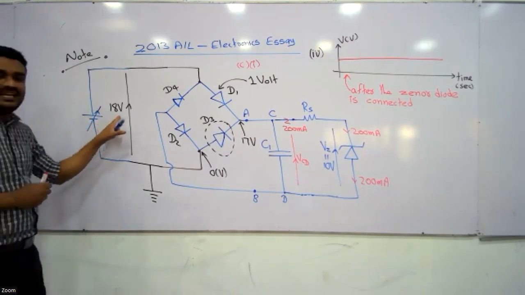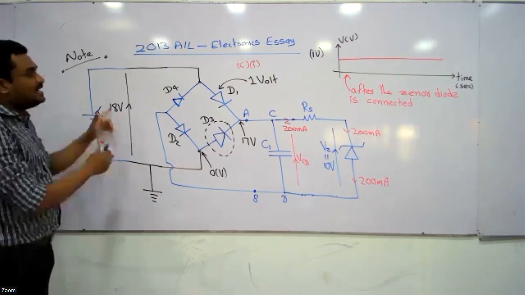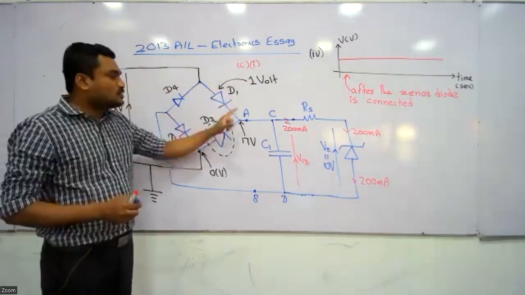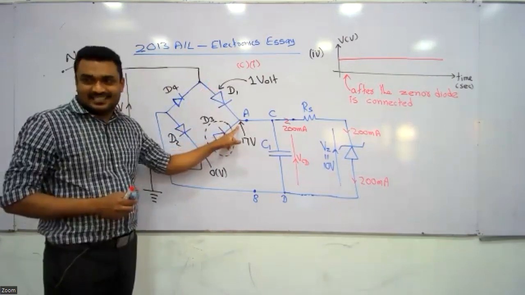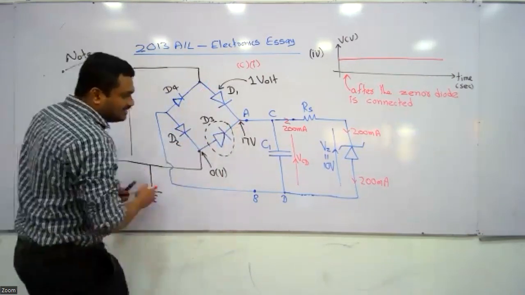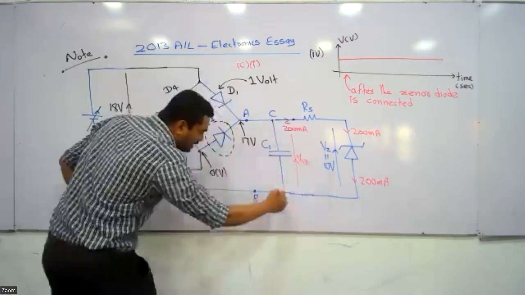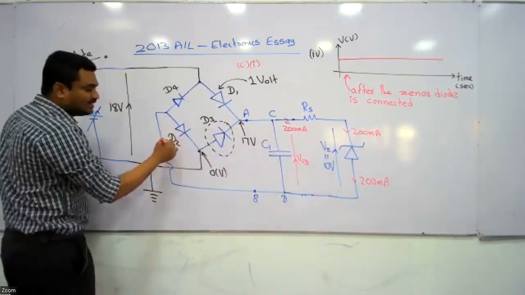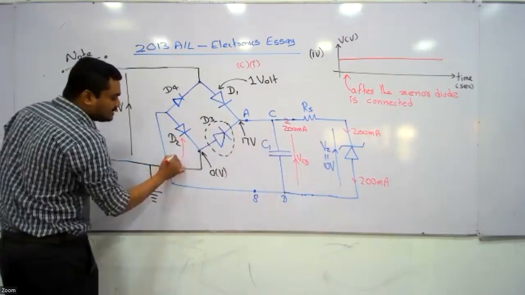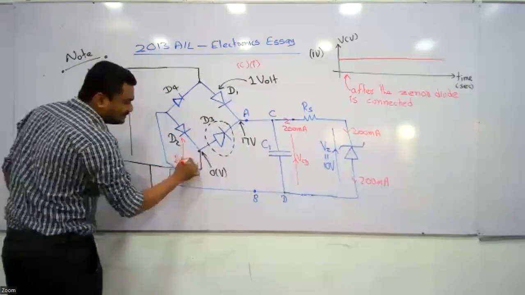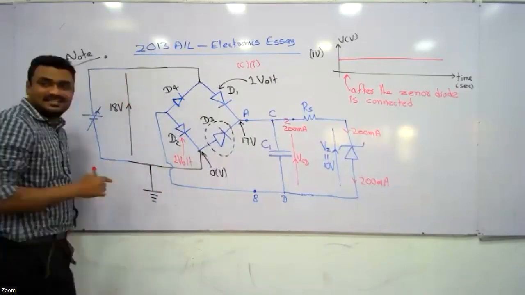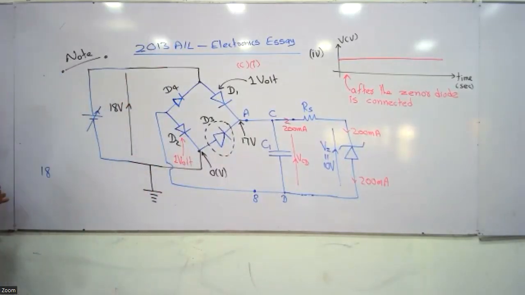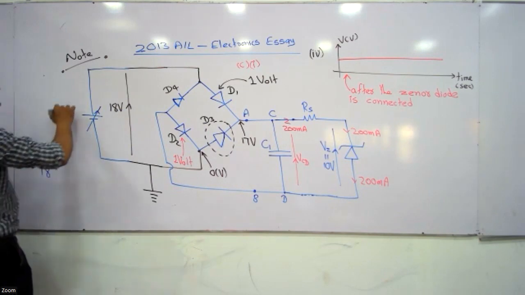What is this voltage? 18. When 18 flows through this diode, it reduces 1 volt. So what is the voltage here? 17. And if you go again like this, D2 also reduces 1 volt. So 18 is the maximum voltage.